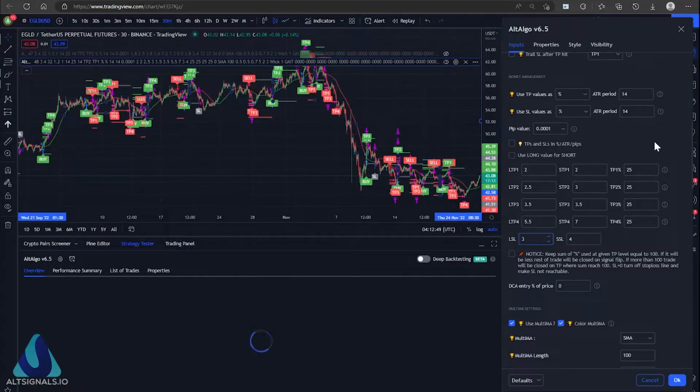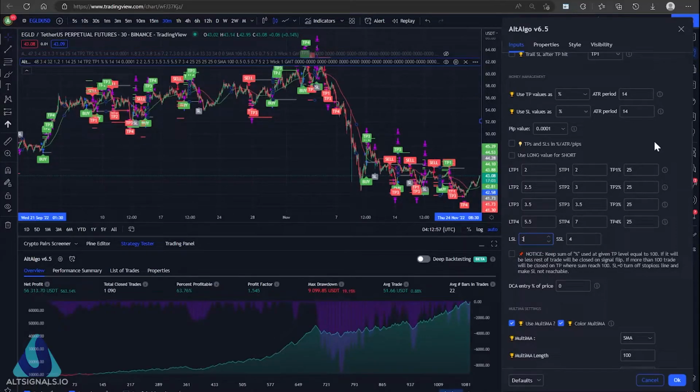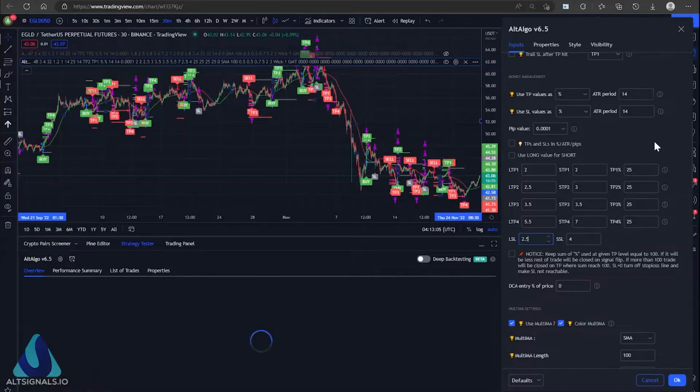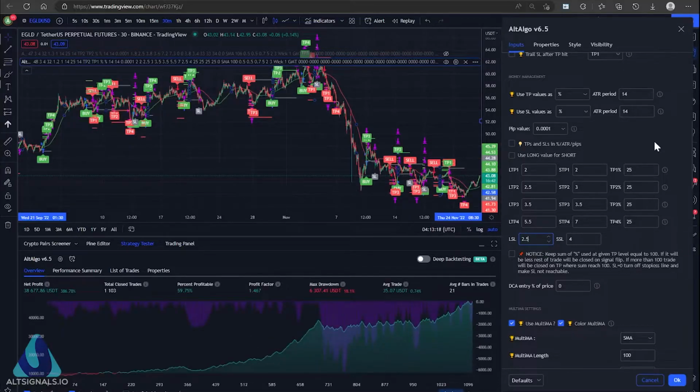So maybe 3 or even lower might get better. We'll see. As we can see, it's going down quite a lot. We're already down to 560%. Profit factor is similar. Okay, now it's down a lot. So the best was actually at 4.